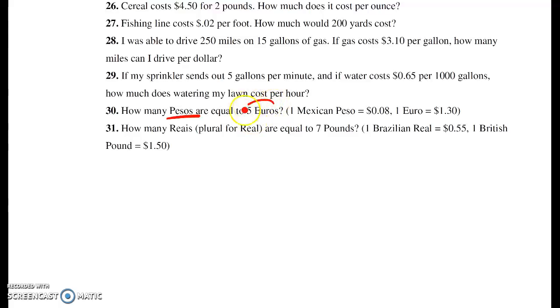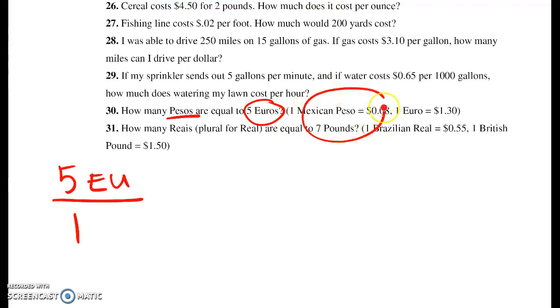We start out with the number of euros, so the next thing I would do is write down 5 euros. Anything over 1 is itself, so 5 over 1 is the same as saying 5. I'm just going to make it a fraction there, 5 over 1.